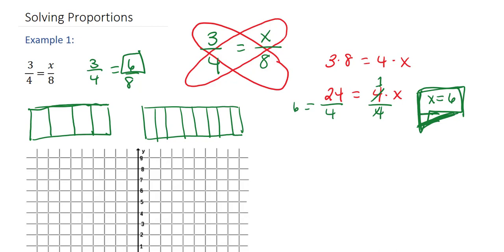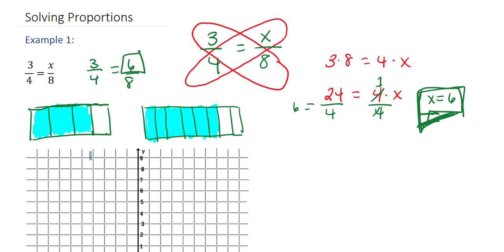Then let's color in 3 of the 4 boxes on the first one, and then 6 on the other one. We can notice that this might be 3/4 and this might be 6/8, but it covers the same amount of area of this larger box that they're all in. This one's divided into 8 and 6 are colored in. This one's divided into 4, 3 are colored.